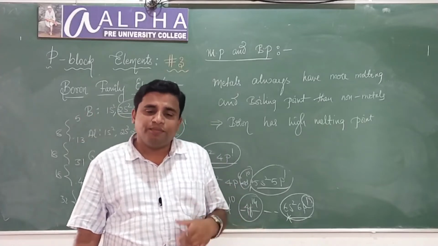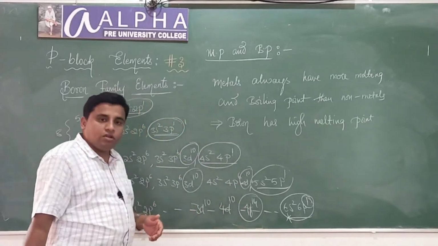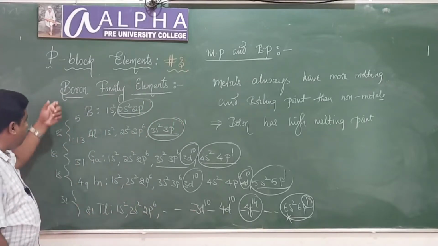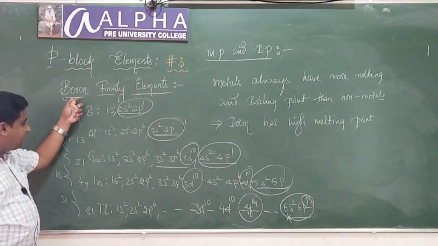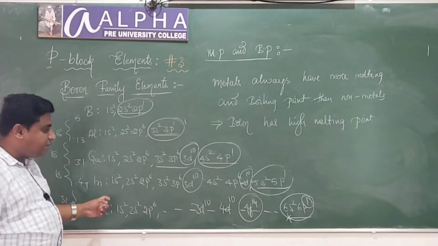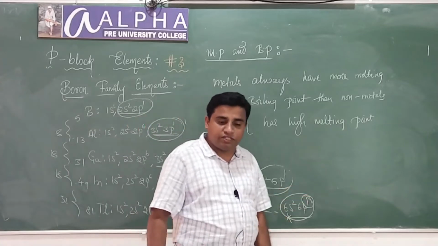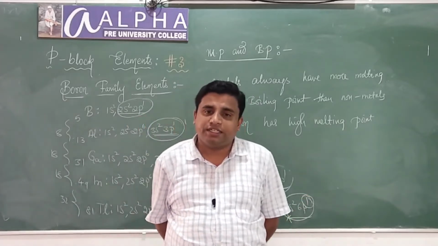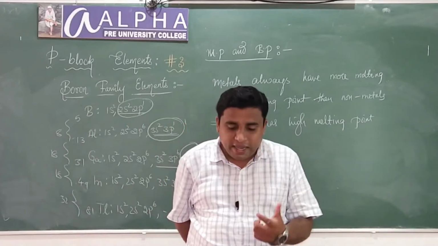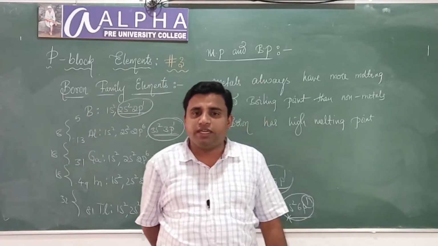Now, what about the stability of oxidation state? From boron to indium, these elements are quite stable in the +3 oxidation state, whereas thallium is stable only in the +1 oxidation state. I gave you the clear-cut reason. Why is thallium stable only in +1 oxidation state?